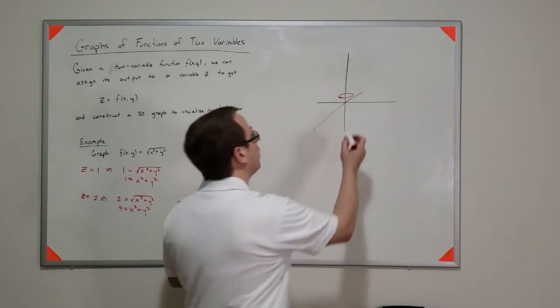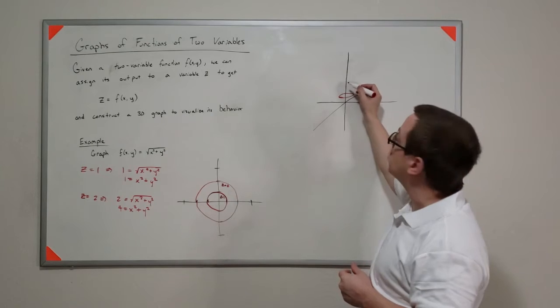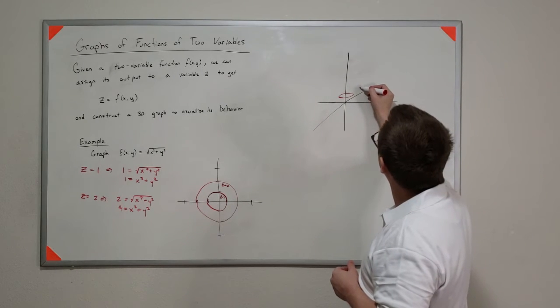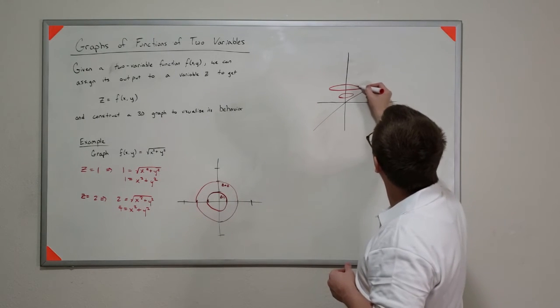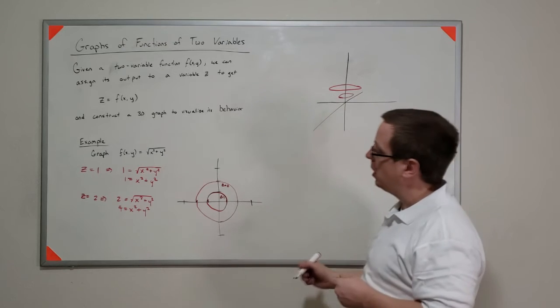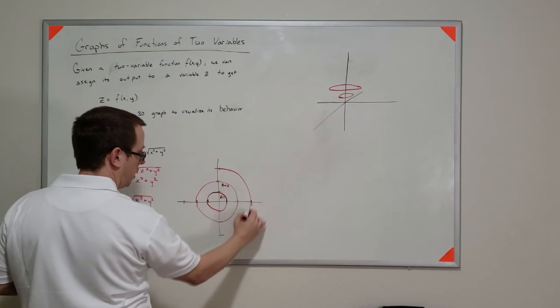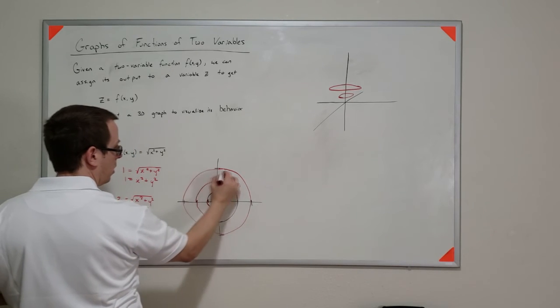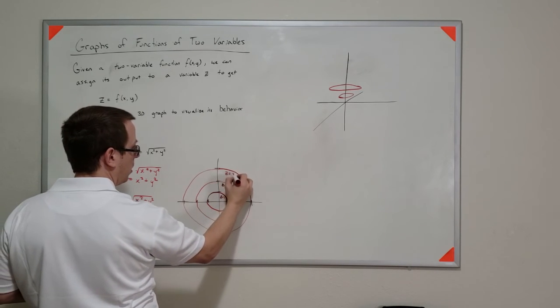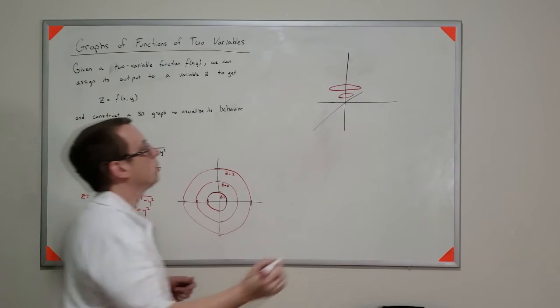So I come up here and I say, okay, well, when z is equal to 2, it's a circle of radius 2. And what you'd find similarly is when z equals 3, that's a circle of radius 3.